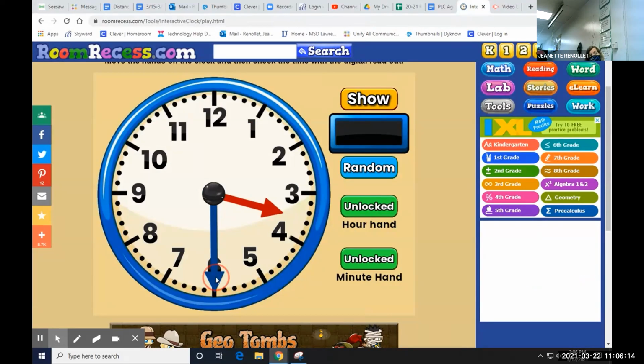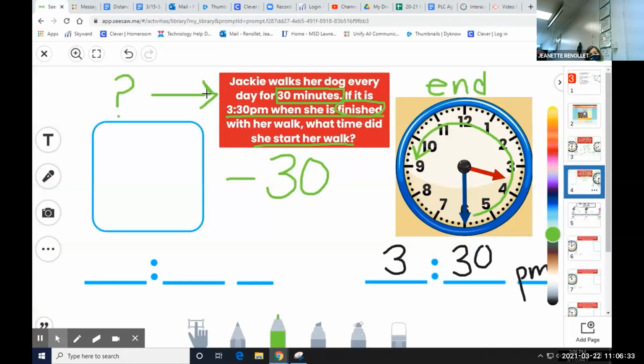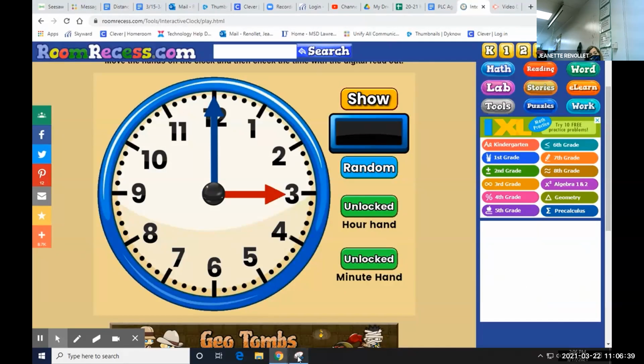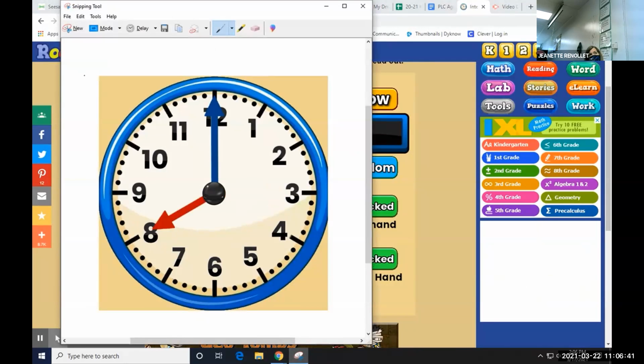I'm going to skip count by fives. 5, 10, 15, 20, 25, 30 minutes. If her walk ends at 3:30 and she walks for 30 minutes with her dog, Jackie started her walk at 3:00 p.m.